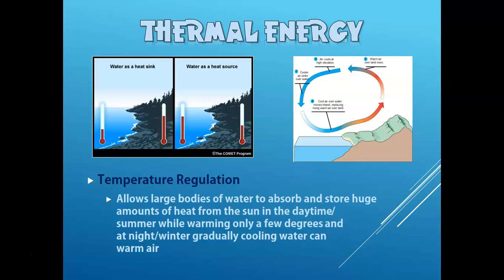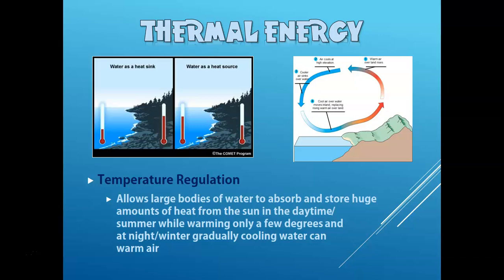Those larger bodies of water are able to absorb and store all of this heat from the sun during the daytime, and also even more so during the summer. But although they're sucking in all of this heat, all of this energy, the temperature itself of the water isn't going up crazy amounts of degrees, which is really important if you're an organism who lives in that water, because you're dependent on that water to regulate your environment and even maybe your internal environment.